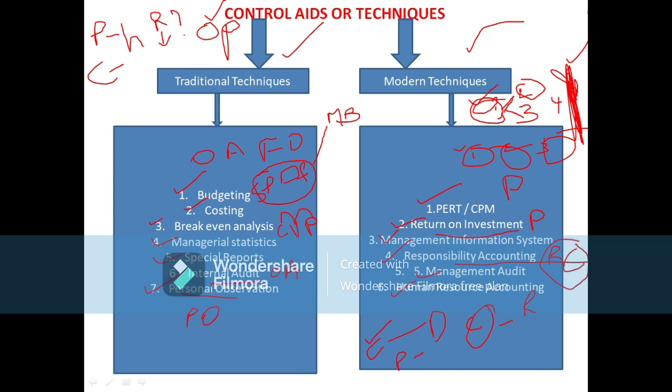Traditional methods of accounting do not make any attempt at measuring the value of human resources. For assets we do costing, break even analysis, budgeting, all these things.